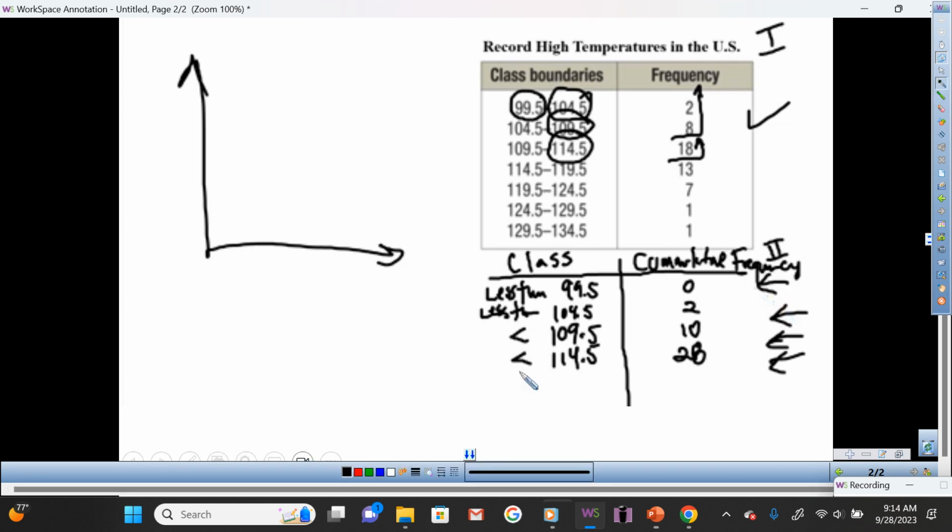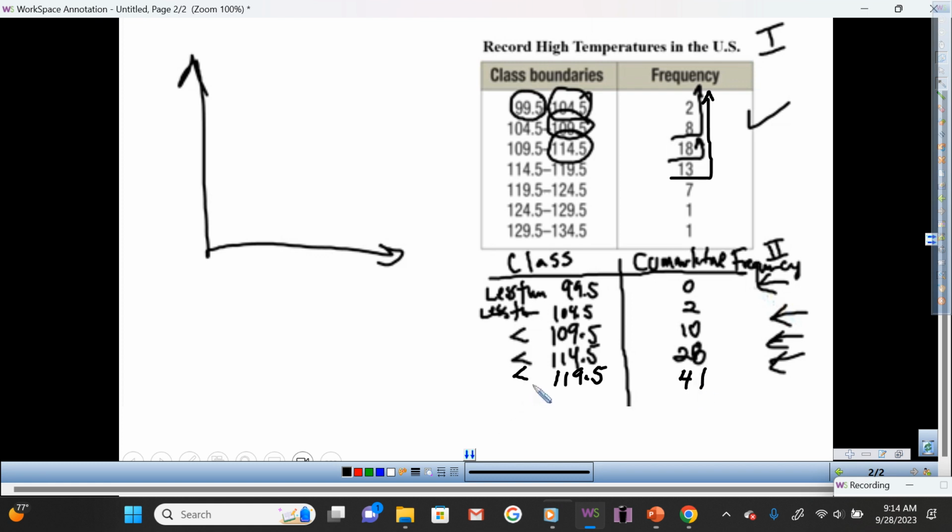So you do less than 119.5. And what do we get for the cumulative of that, Diego? 41.